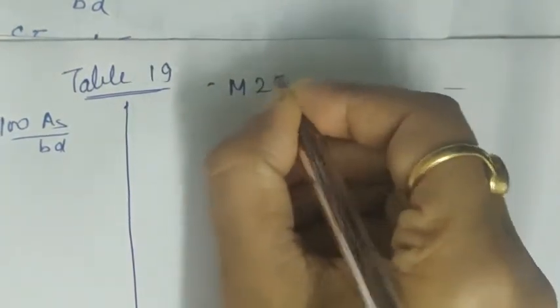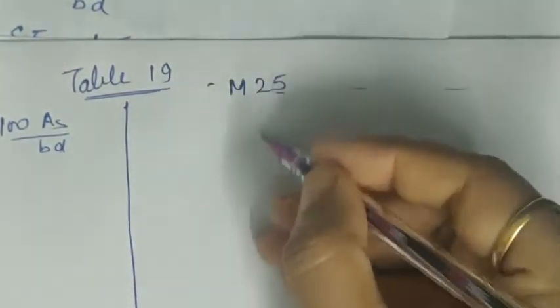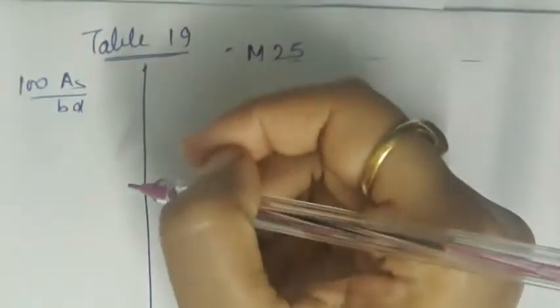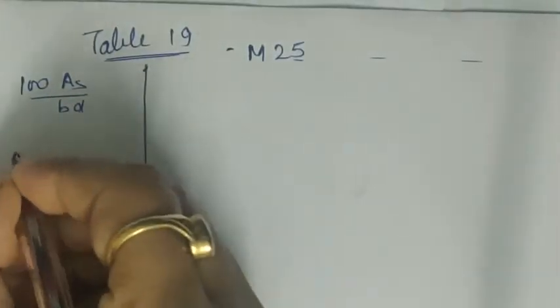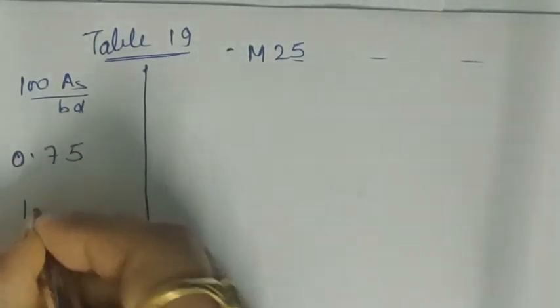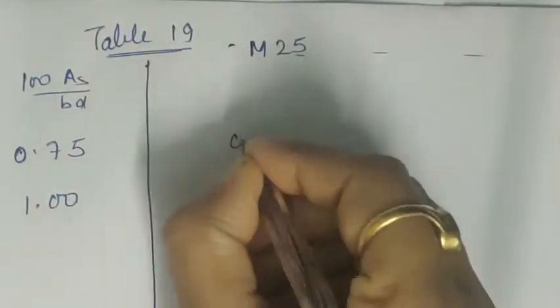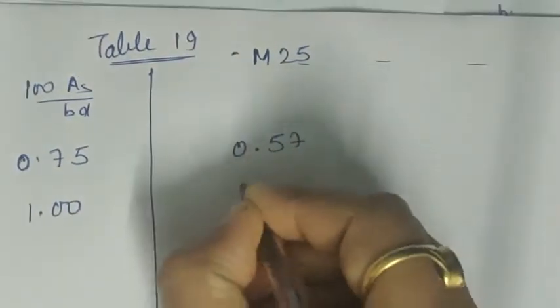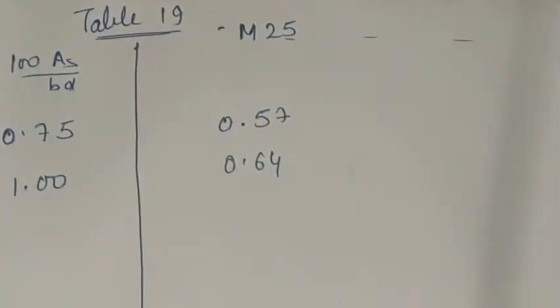In this table, I am having 100 AS upon BD column, and plus I am having different columns depending upon the grade of concrete. Because I am using M25, I will be using the column corresponding to M25 grade of concrete. 100 AS upon BD is 0.75 or 1, and the corresponding value of tau C for M25 grade of concrete is 0.57 and 0.64.